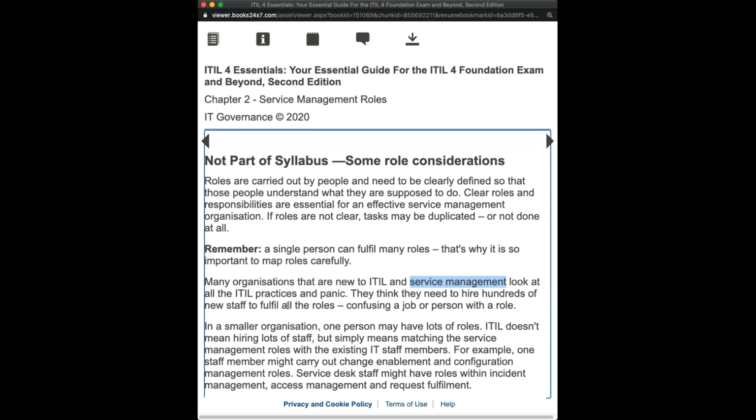It's just that now we have a chance to define the things that we interact with on a daily basis. So they think they need to hire hundreds of new staff to fulfill all the roles, confusing a job or person with a role. In a smaller organization, a person may need to do a lot of things.